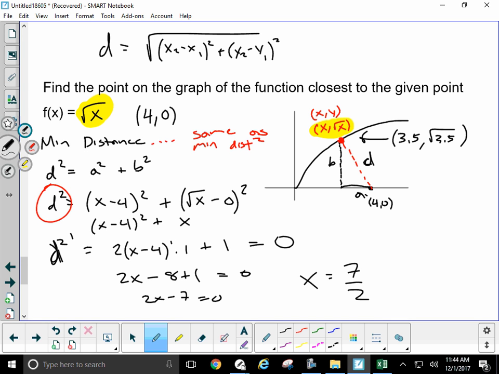We probably should check that's a minimum distance. You probably should be able to tell that we are decreasing in our distance and then we'll increase in our distance. If we look at the d squared prime starting at 0 where the function starts, checking in on 7/2, plugging it into this simplified d squared prime, we can see a negative then a positive, confirming that this is a min.